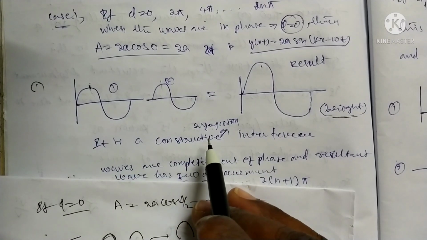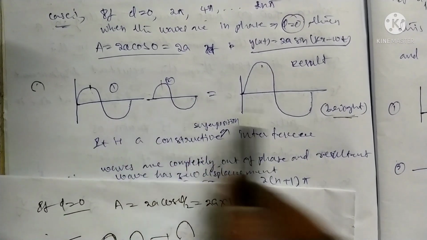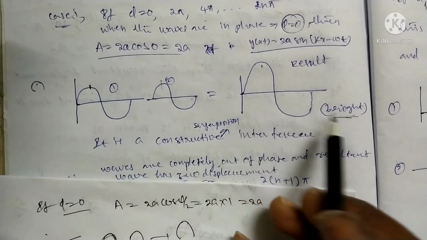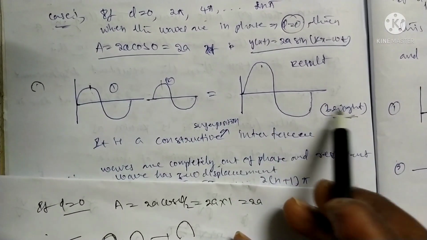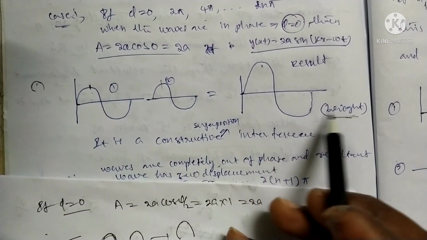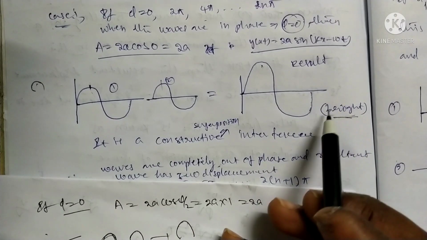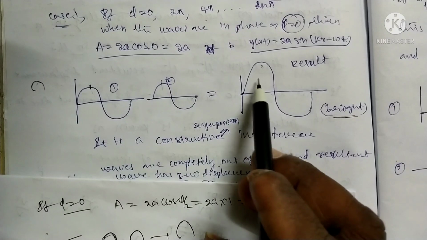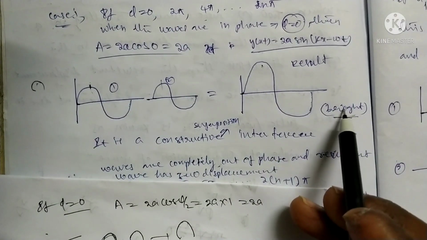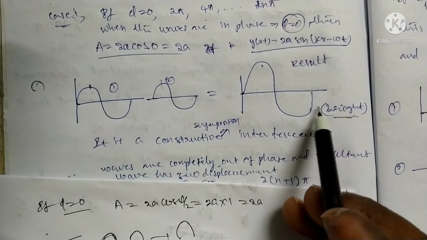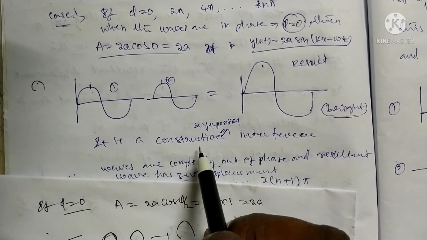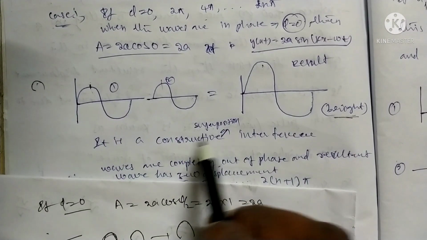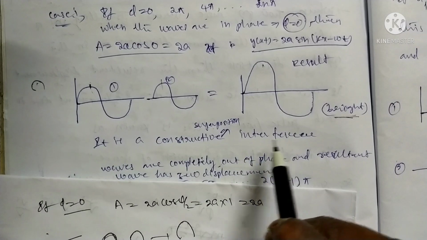Constructive interference means we get maximum amplitude, and maximum amplitude means brightness, that is, highest intensity. In the constructive case, that is constructive superposition.